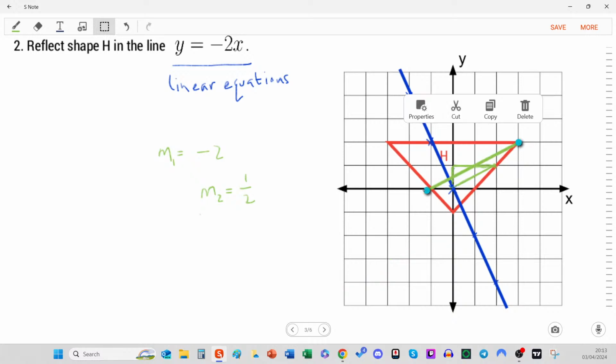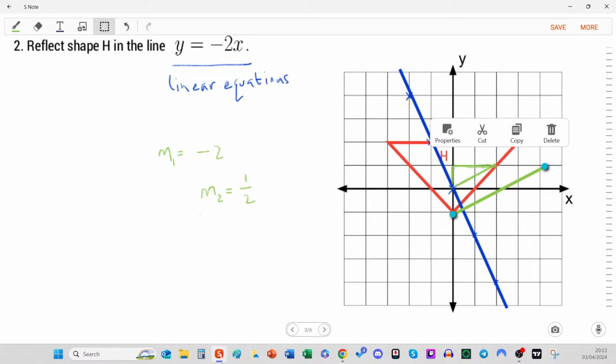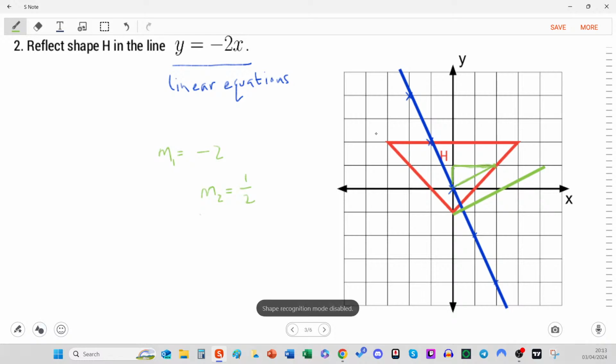Now, how far is that away from anything is the other thing. We're going to first of all measure to the line, and then we're going to go the same distance on the other side. So let's start with an easy one, which is the bottom vertex. We can label them so we can deal with them a bit better.